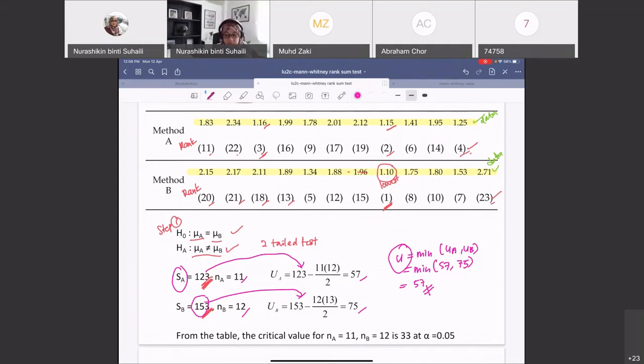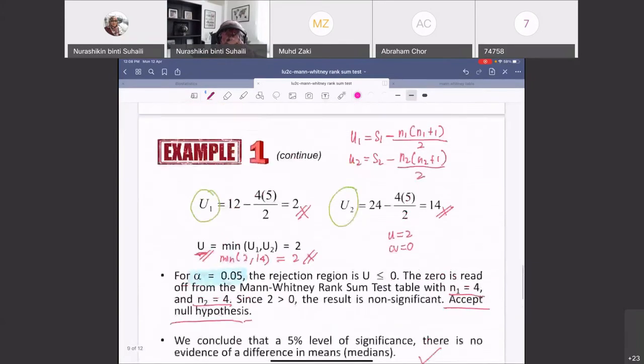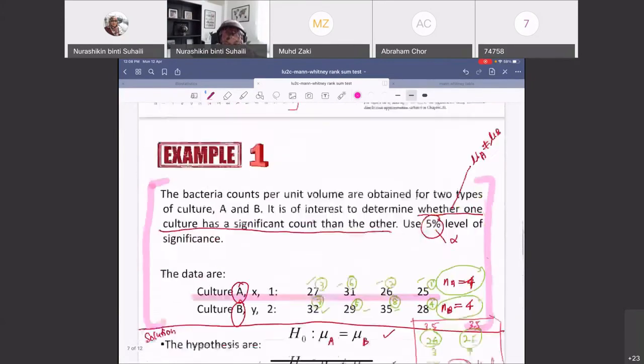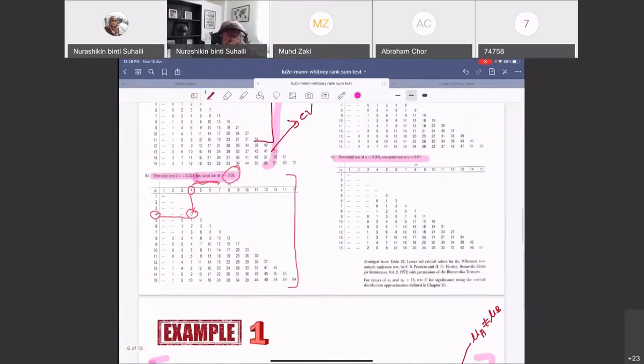Then you have to find from the table, the CV, right? Now the value of NA is 11 and NB is 12, and alpha is 0.05, and it is a two-tailed test. Let's have a look at the table, how to find it. Go back to the table. Two-tailed and alpha is 0.05.